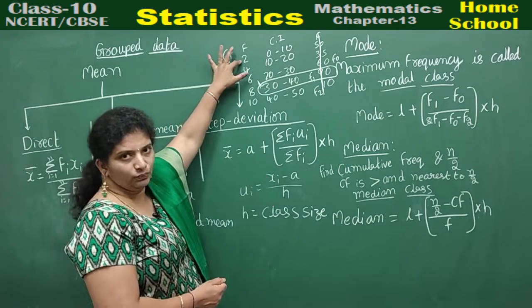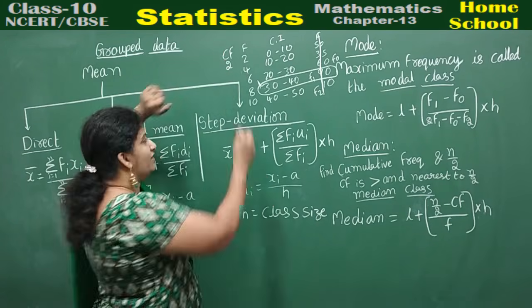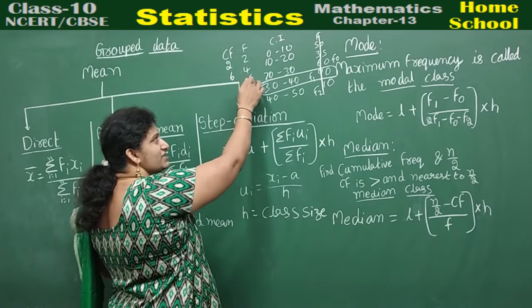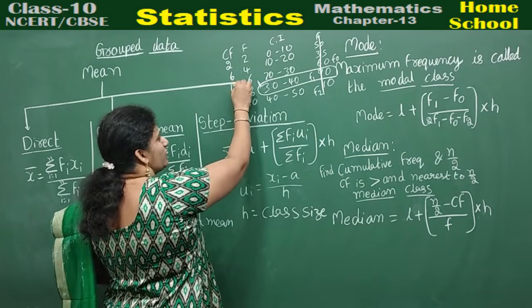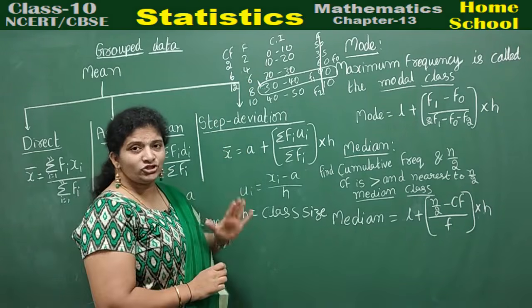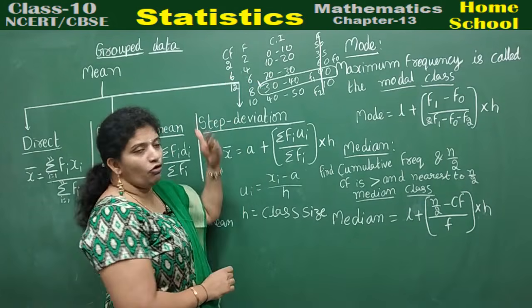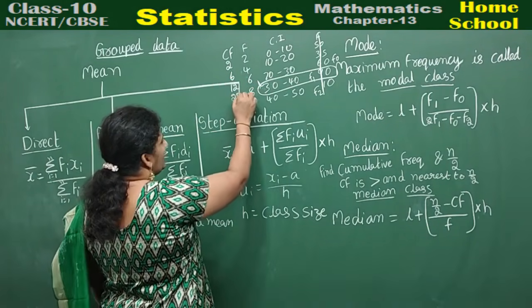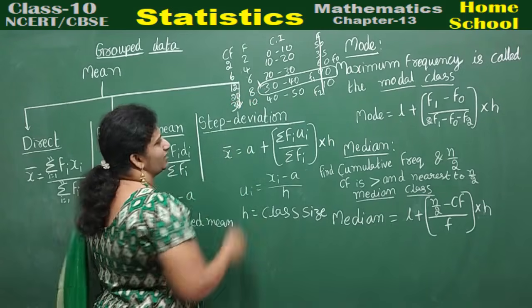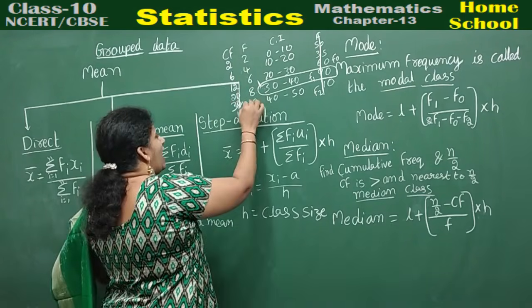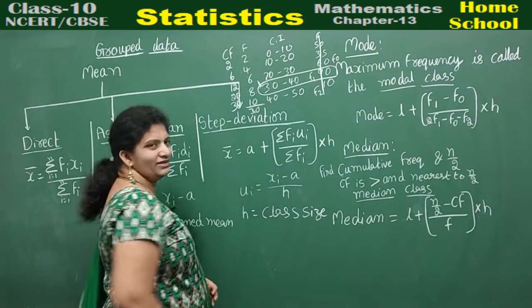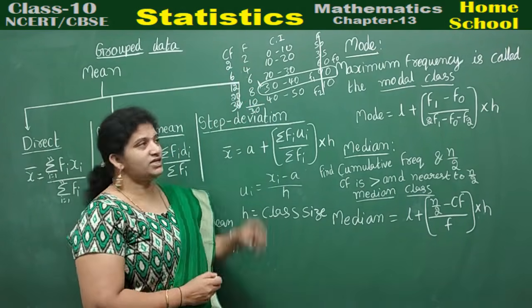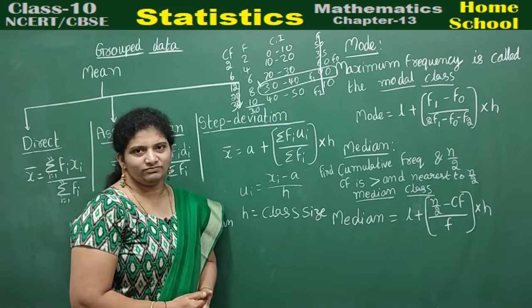Look here, 2. 2 plus 4 is 6. Then 6 plus 6 is 12. Keep 12 in your mind. Next number, go on adding: 12 plus 8, 20. 20 plus 10, 30. If you add, you are going to get 30. In the cumulative frequency, the last number will be the total.